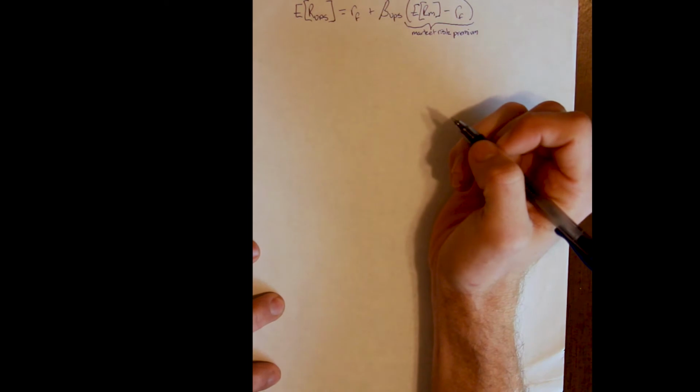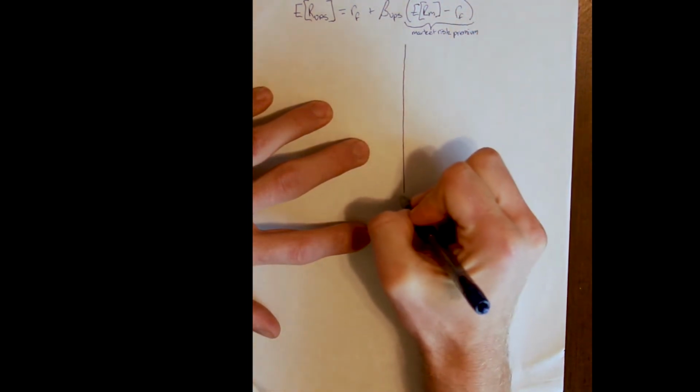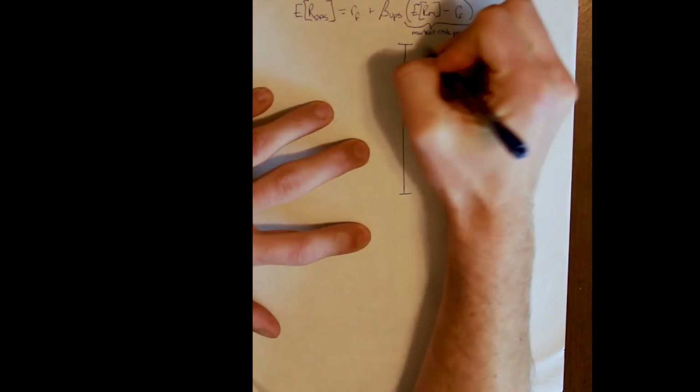We think about this as how much the expected return of UPS should vary with the average market return, right? And so talking about how beta is actually calculated might help to make it a little more clear. To do that, let's draw a little graph here.